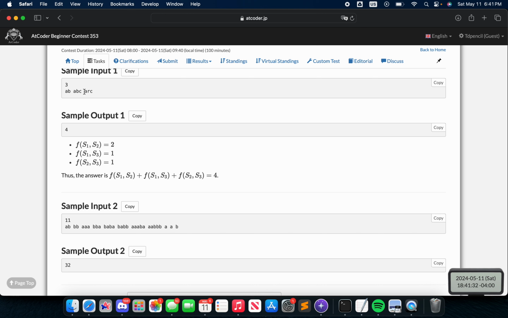Basically, you can have a map, and that map has the length of your prefix and the hash value of that prefix. And if you want to compare two different strings, you can compare their prefixes in the map. And then you can use a well-known trick for calculating these pair things.